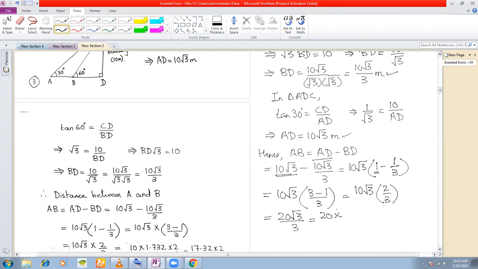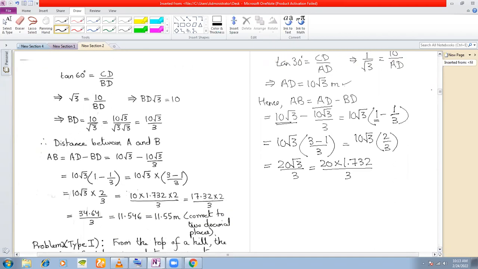Now you can put the value here. 20 into, you know the value of root 3 as 1.732. You are expected to remember the value of root 3. 1.732 divided by 3. Now how to simplify this? First of all, you can write 20 as 2 into 10, and you associate this 10 with 1.732.